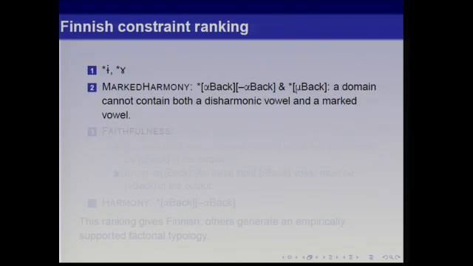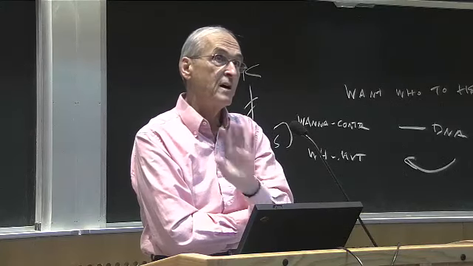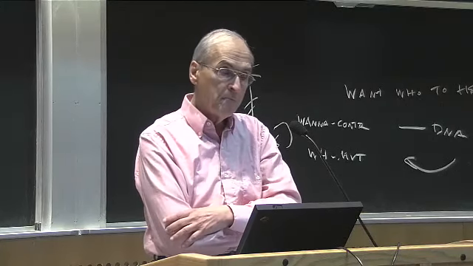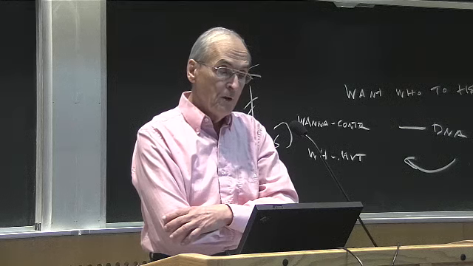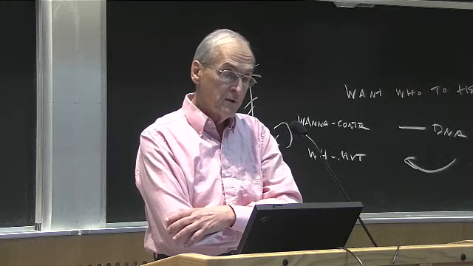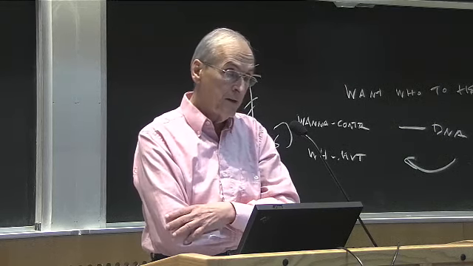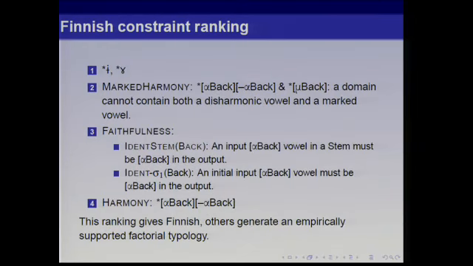So the constraints would be, first of all, an absolute constraint, context-free, that bars back E and I, marked harmony conjoined with markedness constraints forbidding a marked vowel, faithfulness to the initial syllable and to the stem, and then the general harmony constraints. If you rank them in this way, you get Finnish.